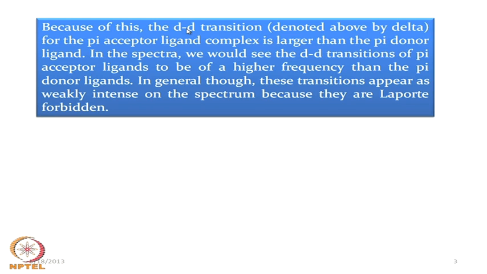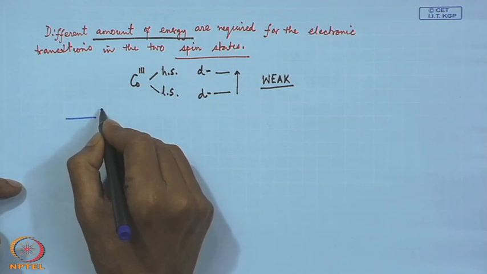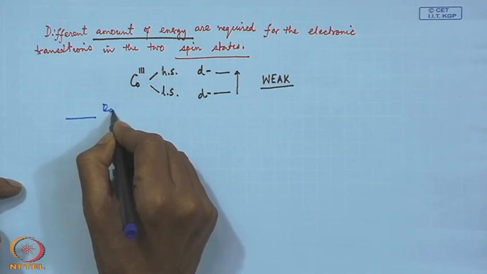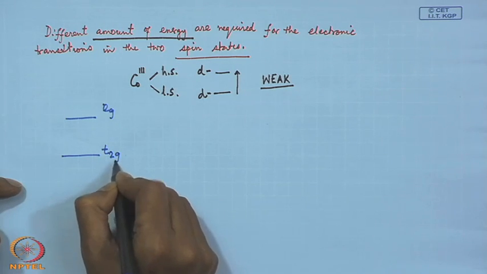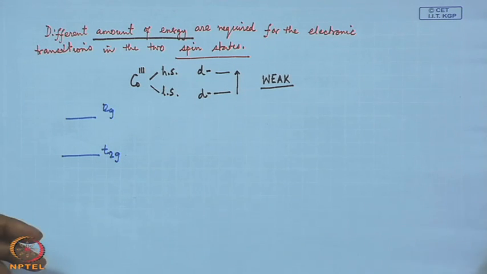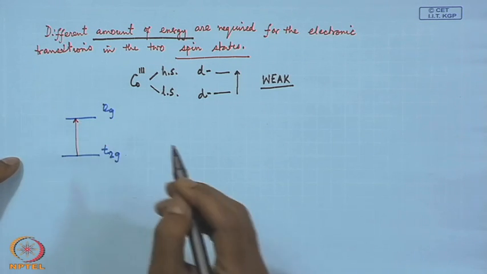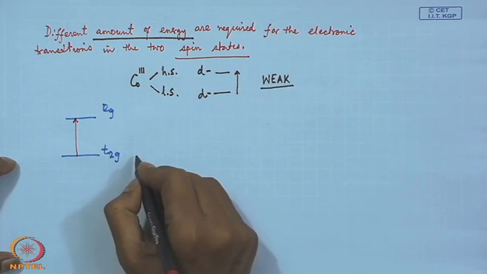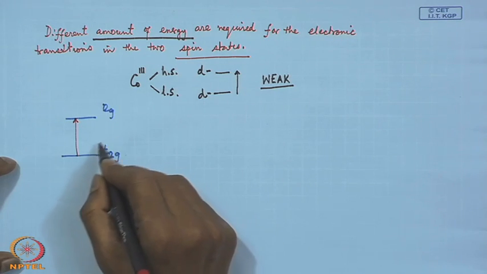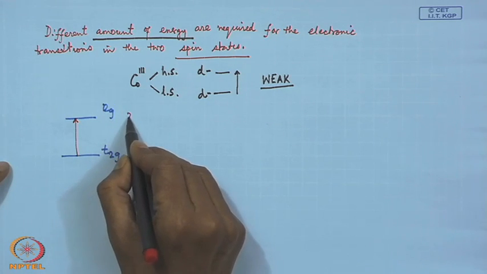So, if we have one particular level which is EG and another which is T2G, they are not symmetry allowed for the corresponding electronic transitions. These are of pi type because they are intermediate between the metal-ligand axis, but these are of sigma type.